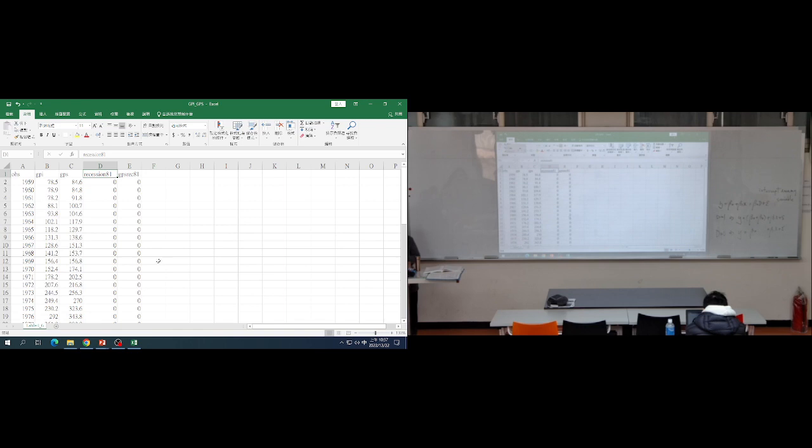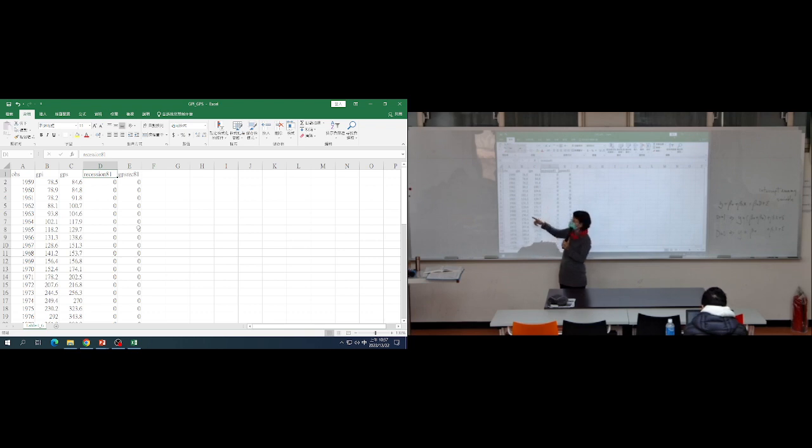So would you please use EViews to run the regression? Three equations. One is using just GPI and GPS without recession.